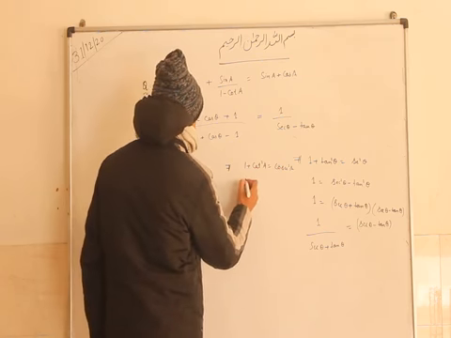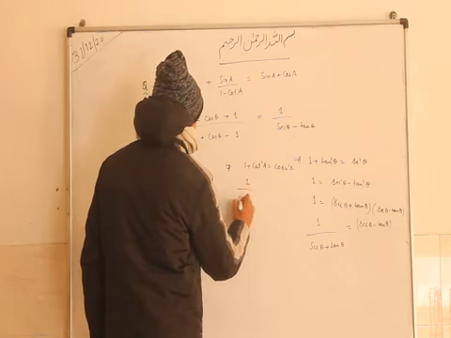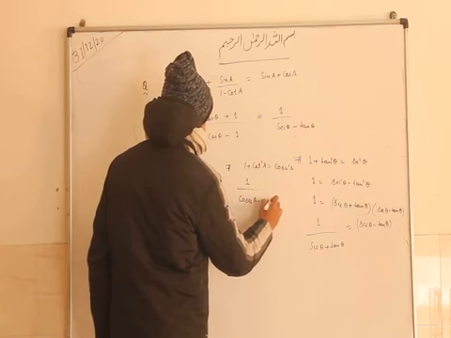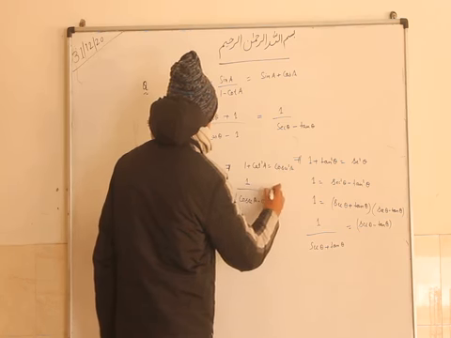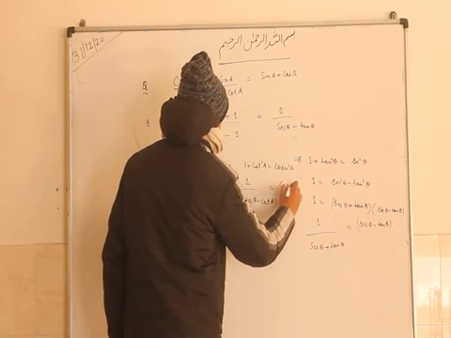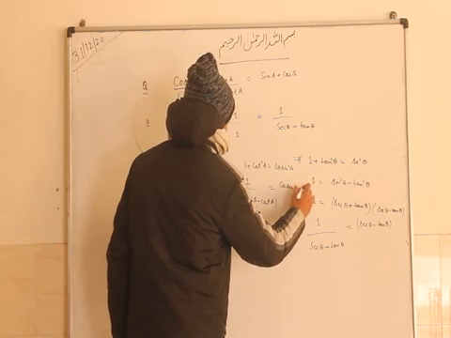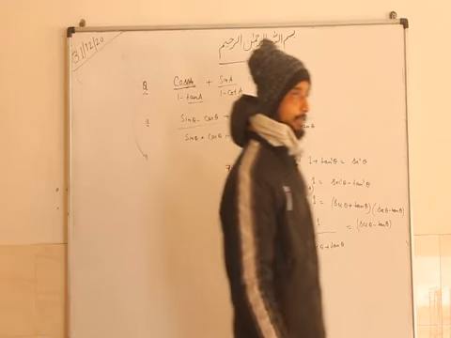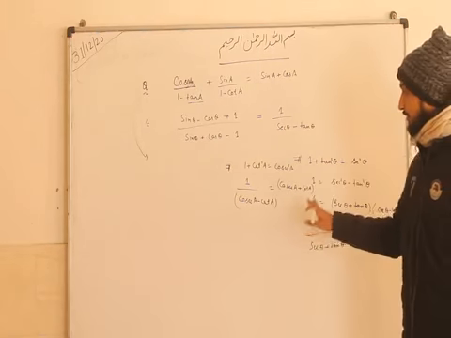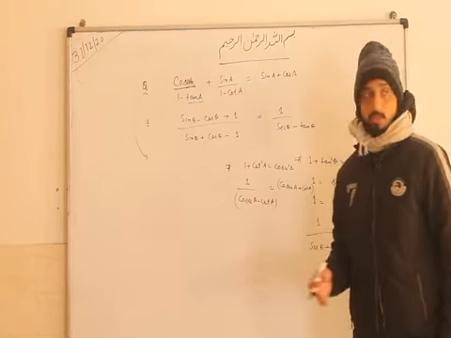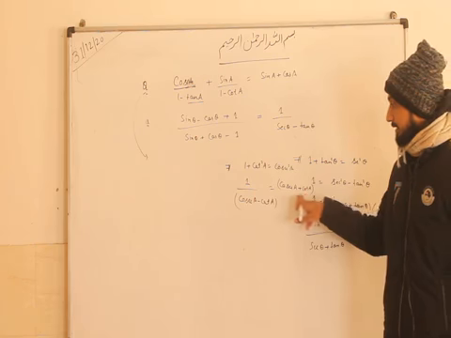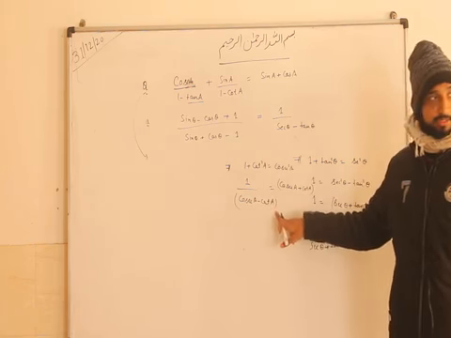Directly I am writing that 1 upon cosec A minus cot A equals cosec A plus cot A. Whenever these types of things are there, we can change them according to our questions.